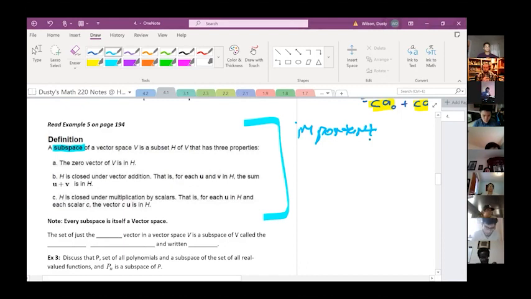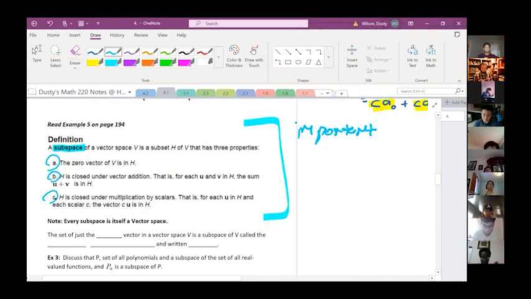There's probably a parallel question on the next assessment that says something like, how would you show something is a subspace? If I ask how you show something's a subspace, I'm asking you to list these three conditions. You don't have to make it up. And we're going to do some examples.